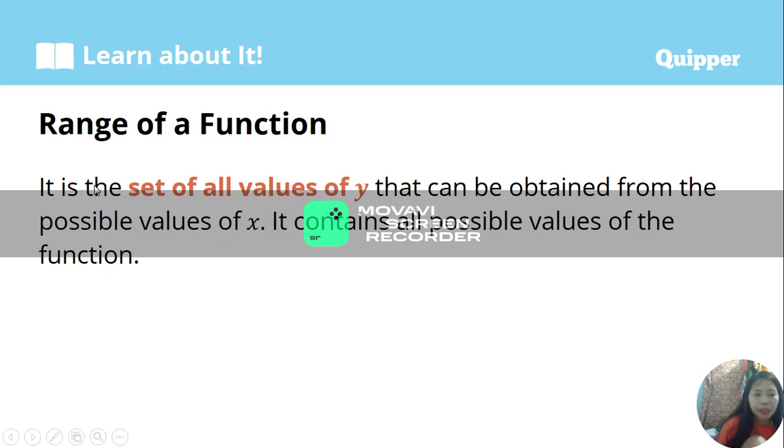Range of a function. It is the set of all values of y that can be obtained from the possible values of x. It contains all possible values of the function. So again, domain is x, then range is the values of y.